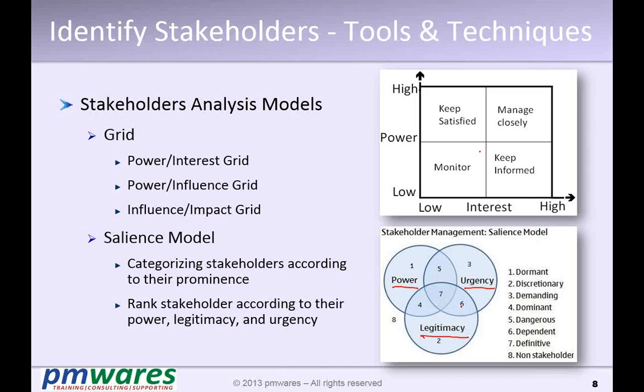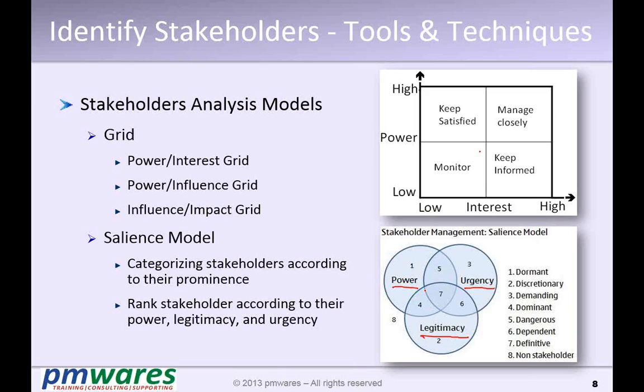Number 6 is dependent: they have legitimacy and urgency, but because they don't have power, they become dependent. The fourth is the dominant, with legitimacy as well as power, like your client project manager.